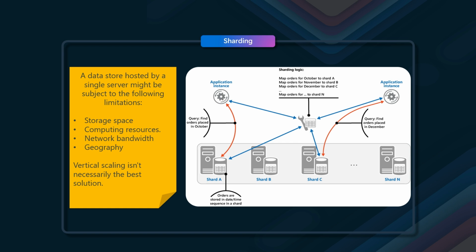Another strategy is the hash strategy. The purpose of this strategy is to reduce the chance of hotspots, so shards that receive a disproportionate amount of load. It distributes the data across the shards in a way that achieves a balance between the size of each shard and the average load that each shard will encounter.